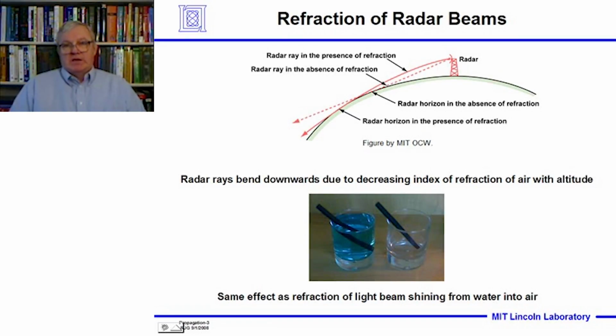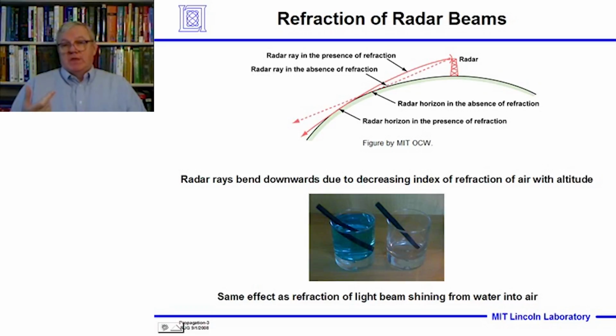The index of refraction at the Earth's surface is very close to that in a vacuum, but it's not the same. It's 1.000350, 350 parts per million away from what the index of refraction would be in a vacuum.